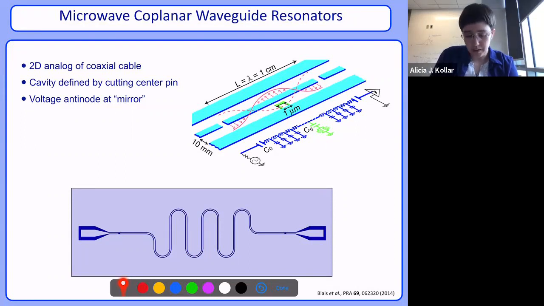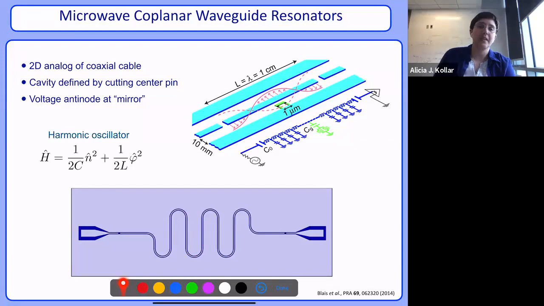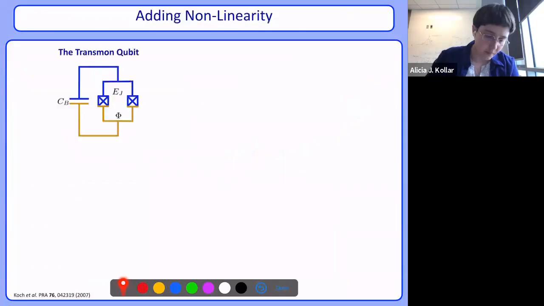But at the heart of it, you can just think of these as a harmonic oscillator. The relevant degrees of freedom are conjugate, and they're charge and flux in the circuit rather than position and momentum, or position and the gradient operator. But basically this is a harmonic oscillator. We just have a lot of control over how we realize it and what we can do with it.